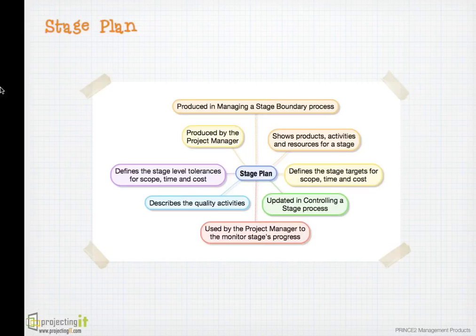Project plan shows how many stages we have and the overall budget, scope, and timelines, whereas stage plan indicates the plan for the given stage in detail, like the work to be done, team, efforts, cost, but at a lower level. It is used by the project manager for the day-to-day management of the stage. It is produced in managing stage boundary, and it is approved by the board using directing a project.